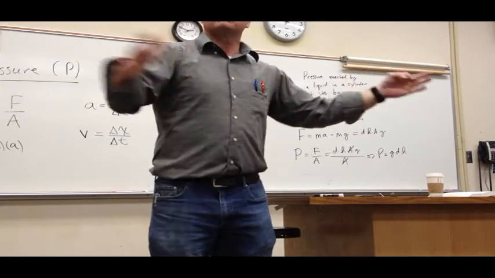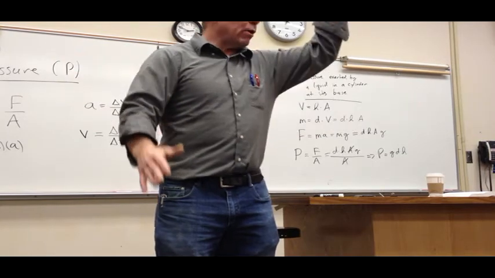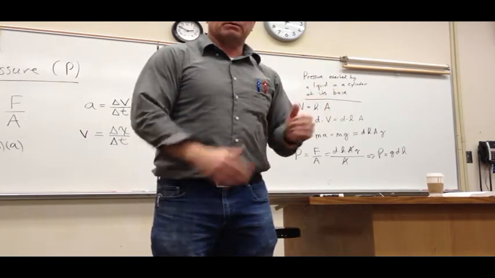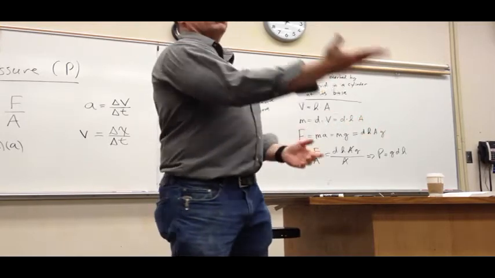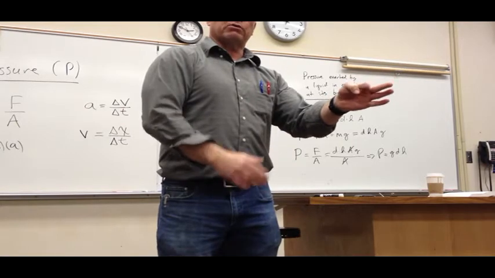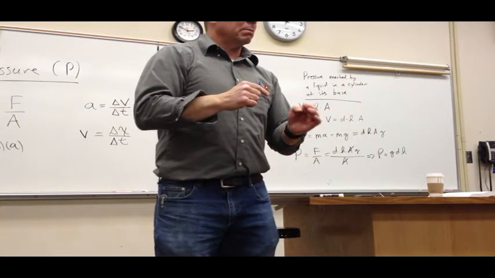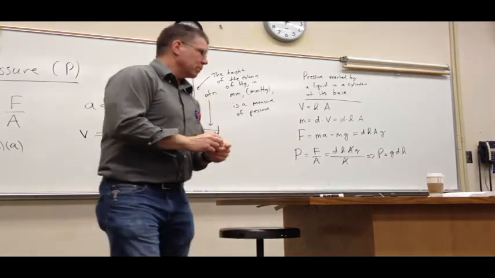It doesn't matter how big the cylinder is, just how high the mercury is in it. That makes sense? The pressure at the base of this much mercury is the same as at the base of this much mercury, as long as the height's the same. That's okay? Okay, it's true.